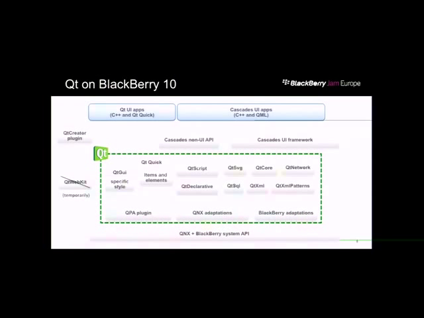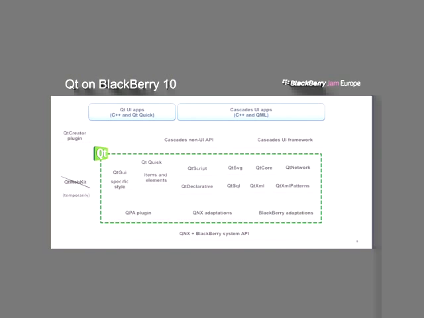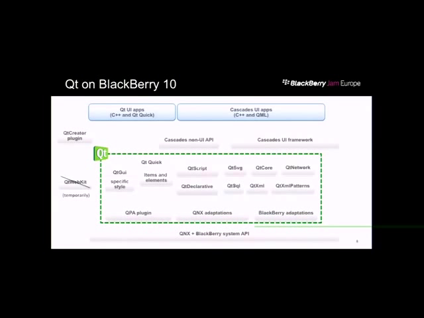Qt 5 was not available at the time when Cascades started development. So Cascades uses its own rendering engine. It is based on a scene graph, and basically rendering is split between the client side, which is your app, and another rendering thread which also runs in the client space, in the same process space, but a different thread, rendering to the screen.